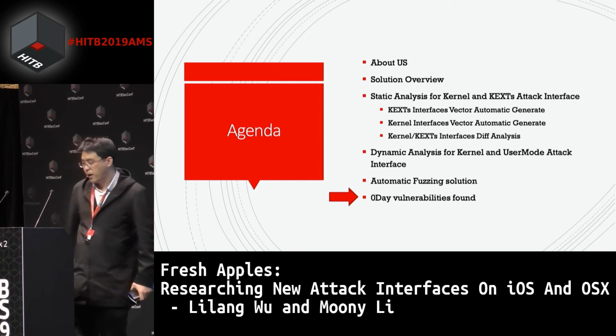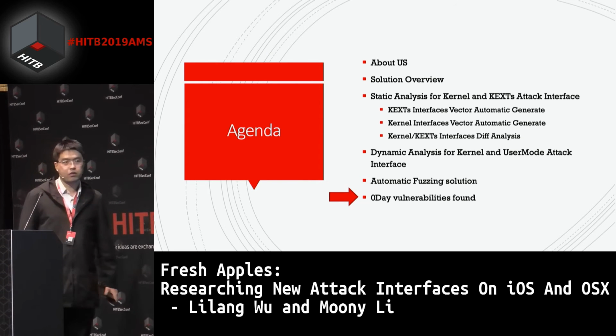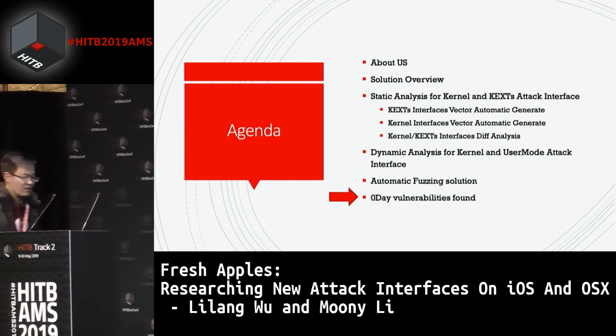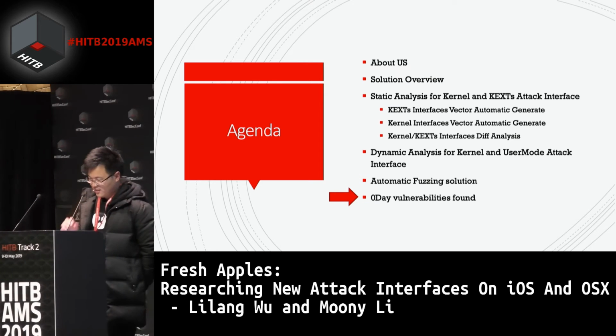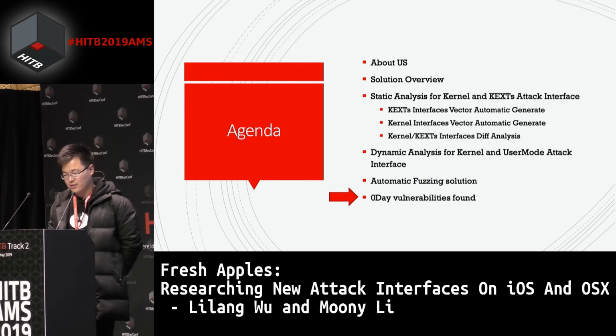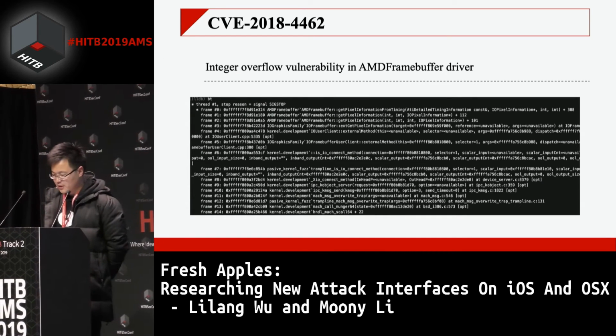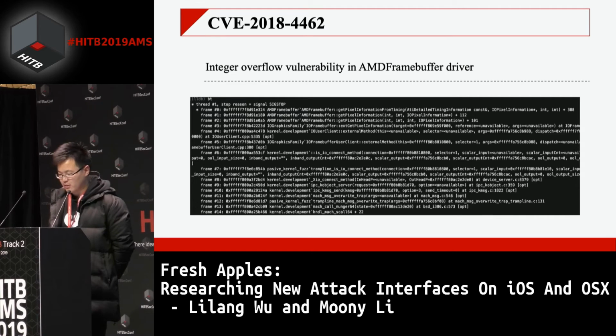Okay, in the next part we will introduce the zero-day vulnerabilities we have found with our fuzzing solutions. Now, let me introduce the vulnerabilities we found before. This is one vulnerability we found in the AMD frame buffer driver.